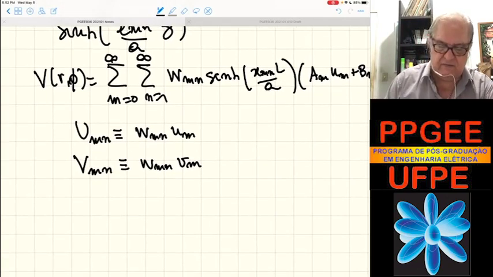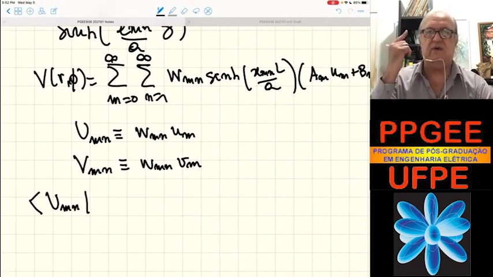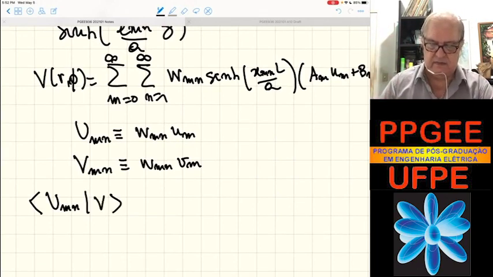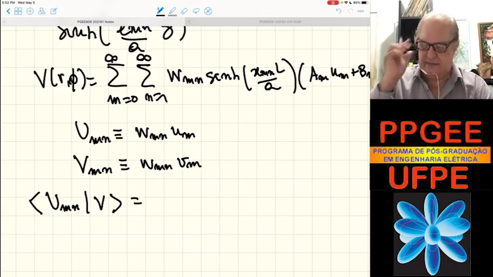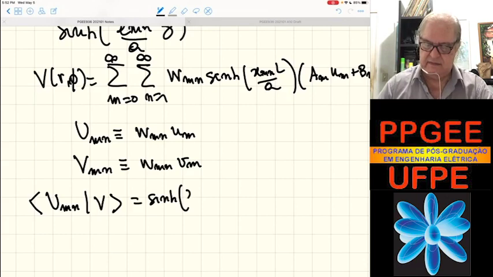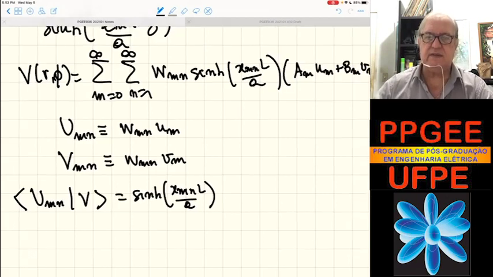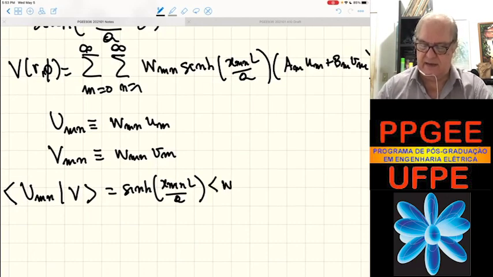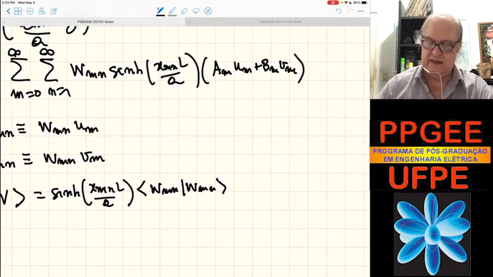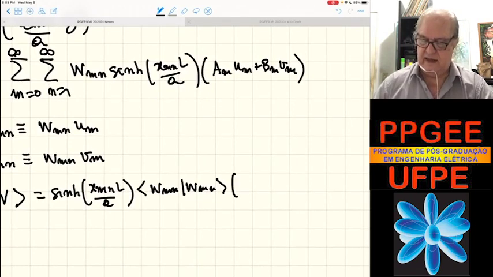right? We do the dot product of U with the function. We're going to isolate a single term, only term mn. So you're going to find the A coefficient. So you're going to have this hyperbolic sine, the normalization constant of the W_mn, I'm going to put like this. Then I'm going to have A_m, U_m.